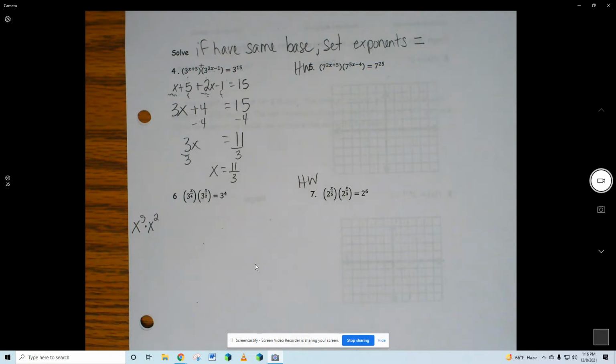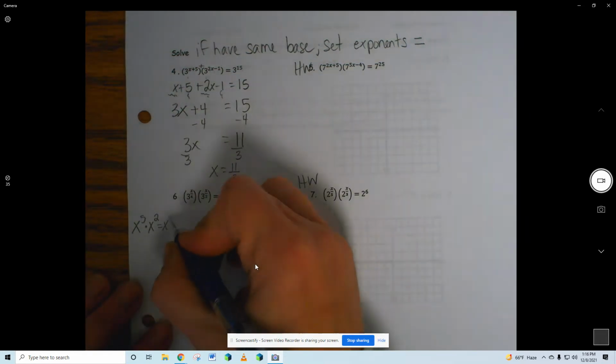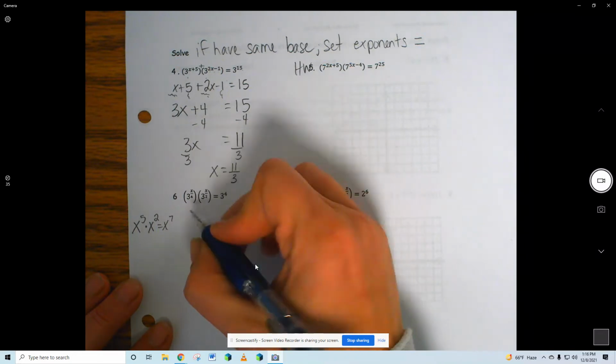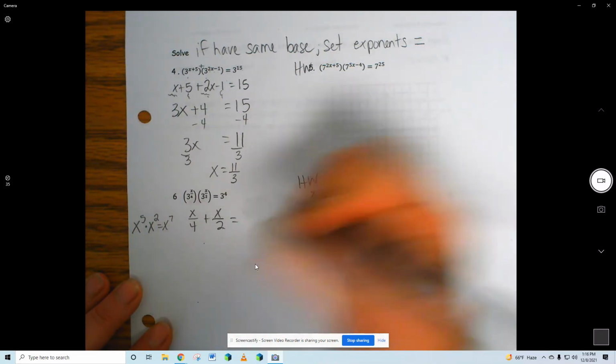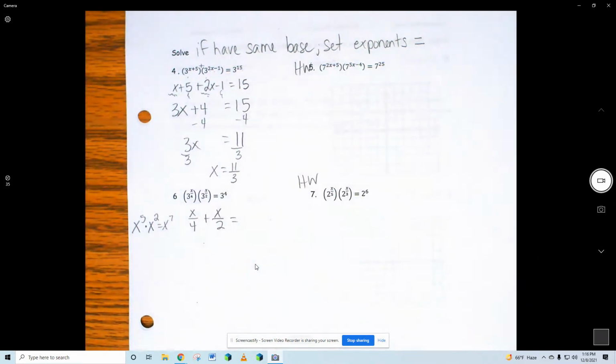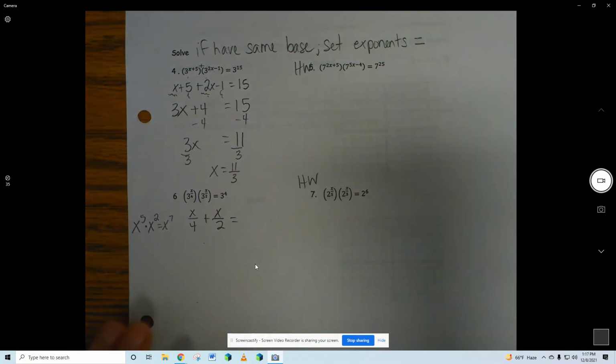You were right, this is 7. There's 5 of them here, 2 more, 7 altogether. So that's why when the bases are the same, I'm adding x over 4 plus x over 2. So I'm just adding that side. The equal sign stays equal. And this is a 4.